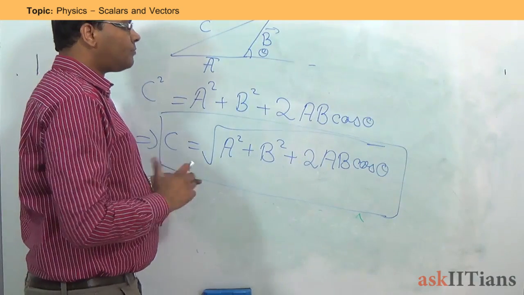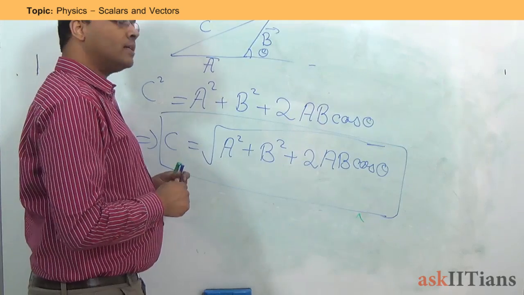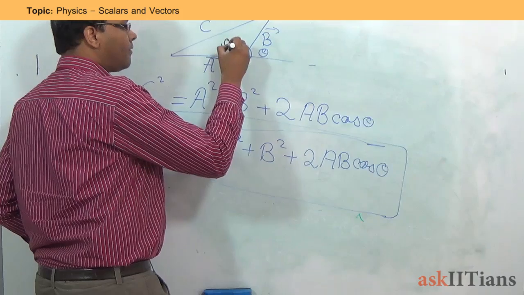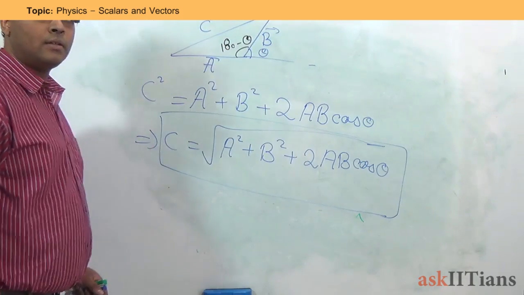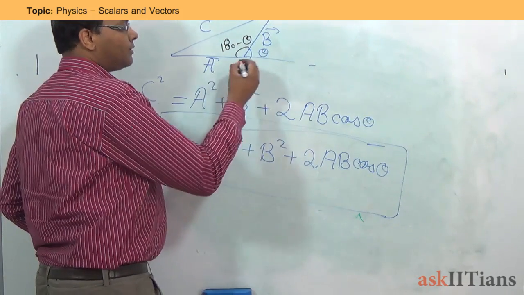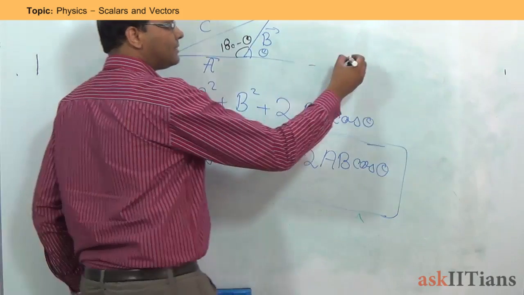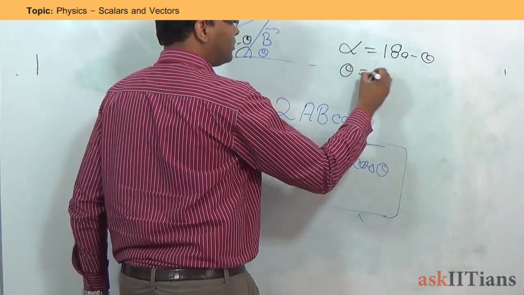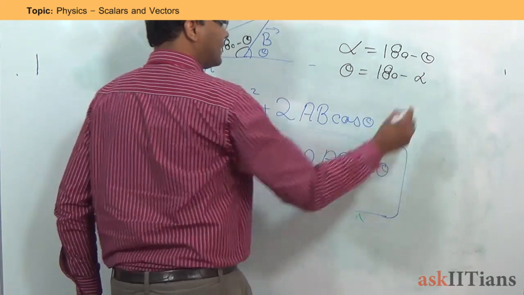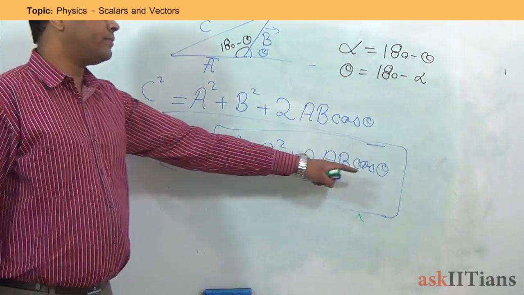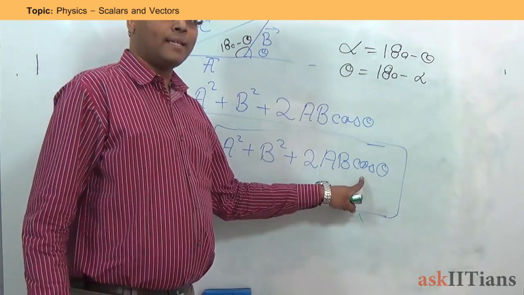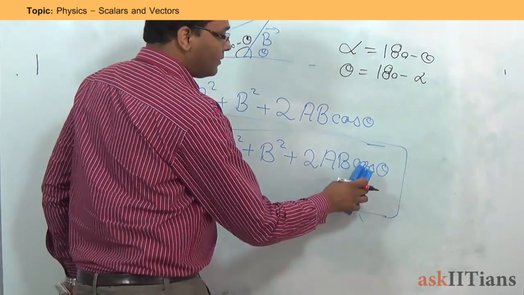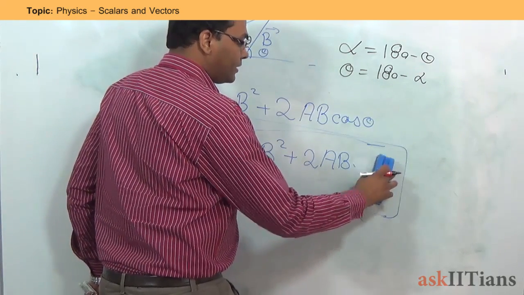If I want to write in terms of the angle between the two vectors, this is going to be 180 minus theta. Or if I put this 180 minus theta as alpha, then alpha equals 180 minus theta, and theta becomes equal to 180 minus alpha. So you can write in terms of alpha as well. So cos of 180 minus alpha, we are in the second quadrant, so you can simply write this with a negative sign.